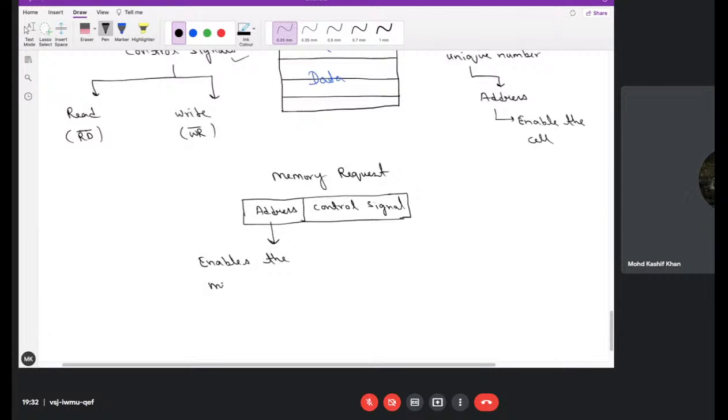And the control signal indicates the type of operation. This is the memory request that will be sent by the CPU to access the program from the memory chip.